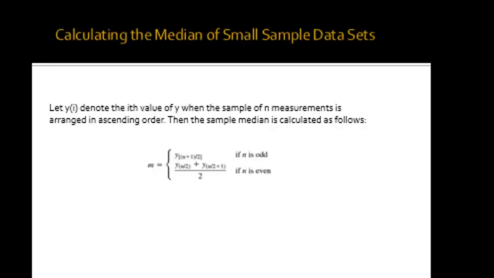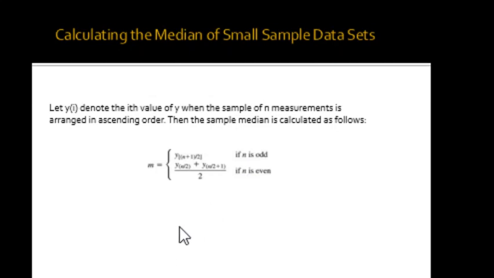Here is how we can find the median for a small data set. We will have to locate the middle observation, and the value of that observation is the median. Let's say we have a variable y, and to find the middle location, we can use this quick formula. It depends on the total number of observations.